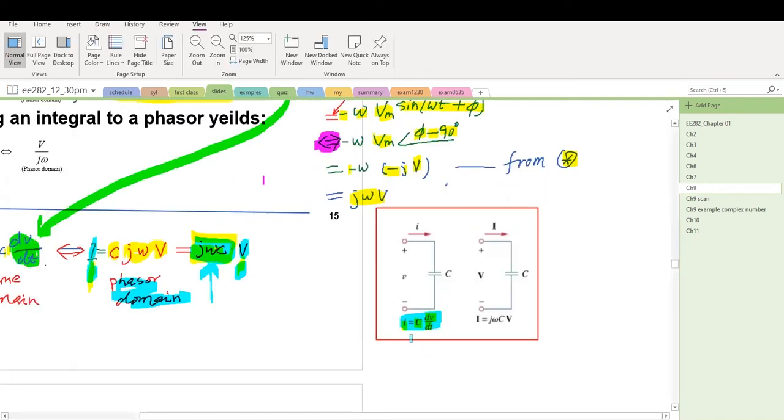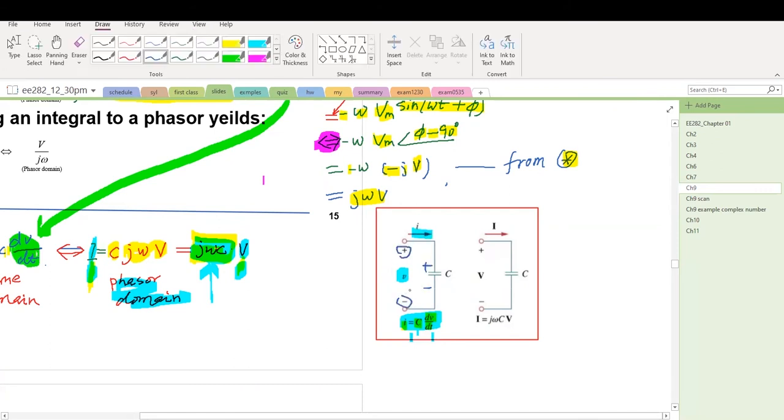The time domain I equals C dv/dt. This is v, small v, that's time domain, and this is the current i. The sign on the capacitor will be plus and minus, and the current i flows into the positive sign of voltage on the capacitor. The passive sign convention is followed.